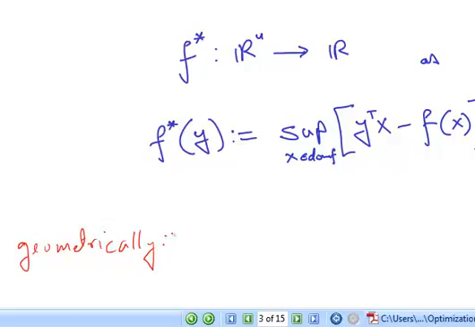Now y transpose x just gives the hyperplane with y as the normal vector, right?